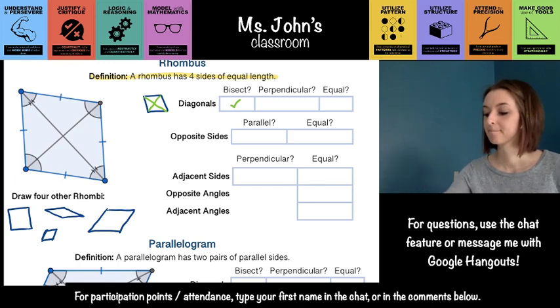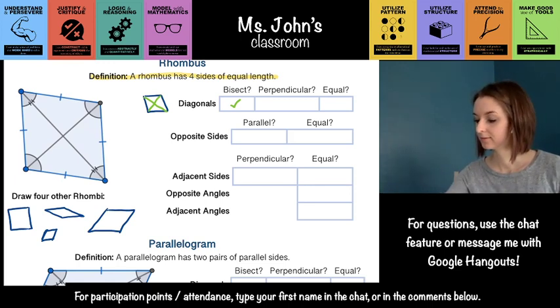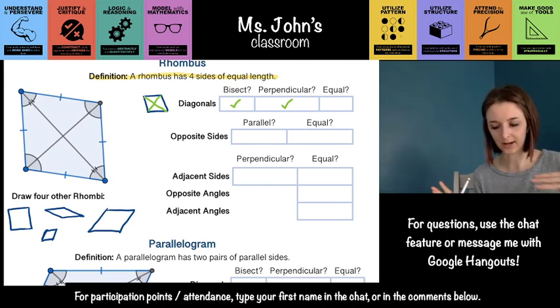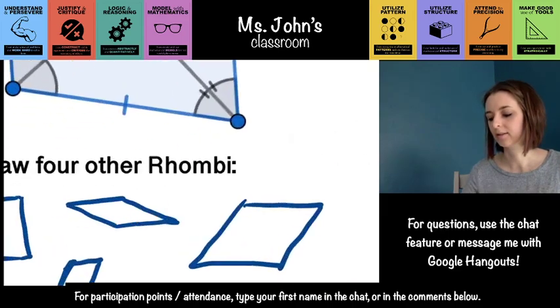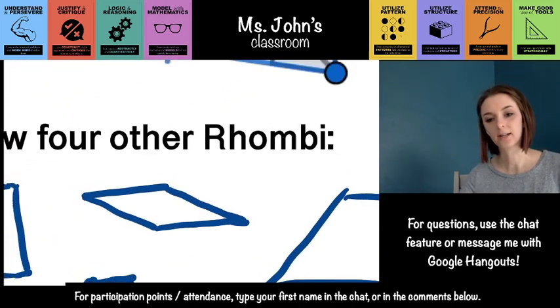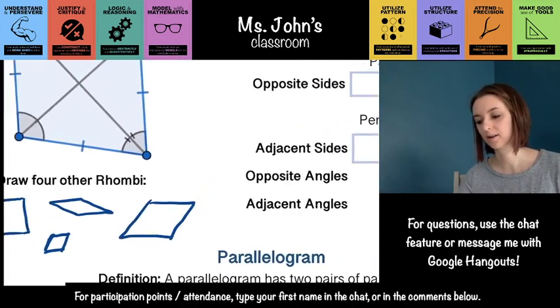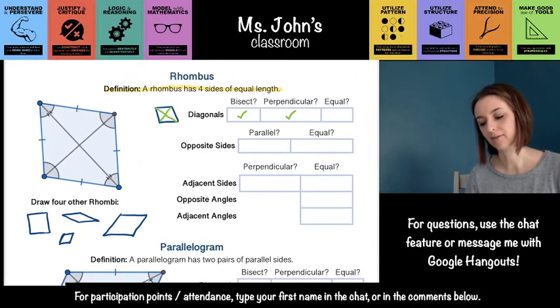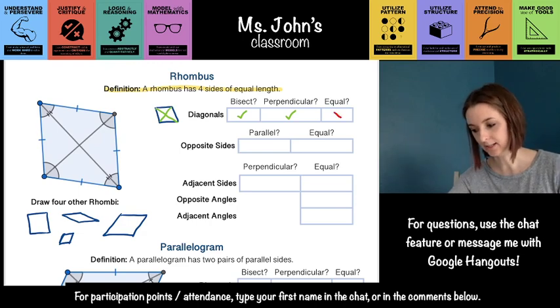They are also perpendicular. So no matter how squished they become, even in my little squished diamond shape down here, the diagonals are going to bisect each other. It's part of what happens when you have four sides the same. So they are always perpendicular. However, they're not necessarily equal.